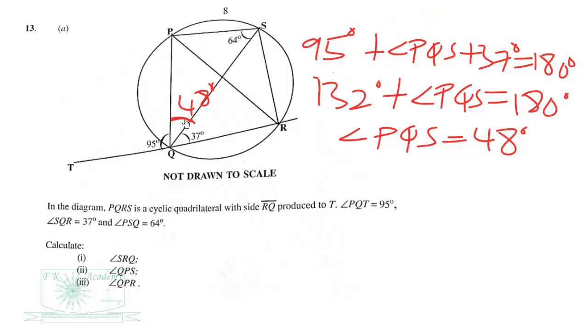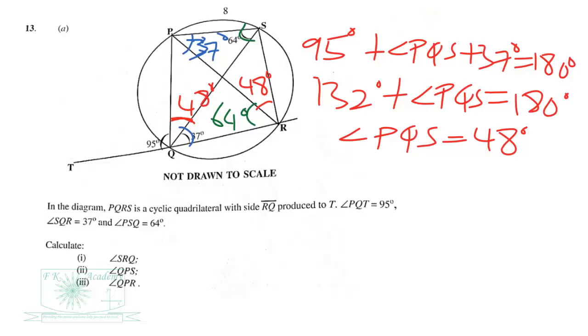Angles in the same segment are equal. So the angle here is also 48 degrees. Again, angles in the same segment are equal. So the angle here is 37 degrees. Again, angles in the same segment are equal. So this angle is equal to the angle here, 64 degrees.